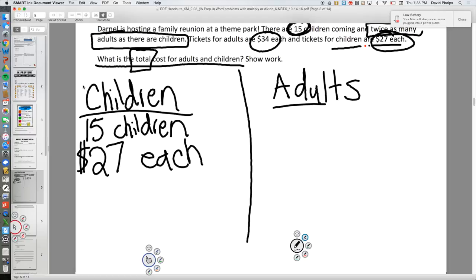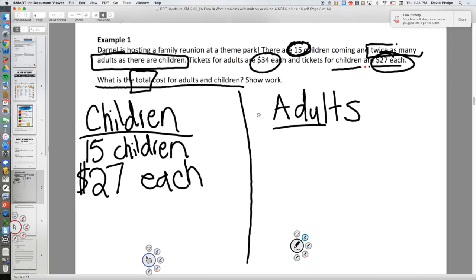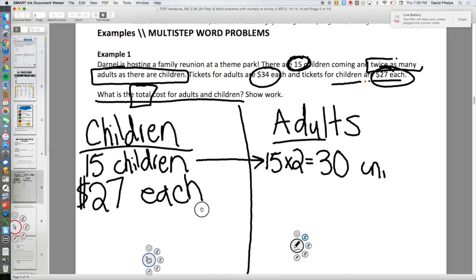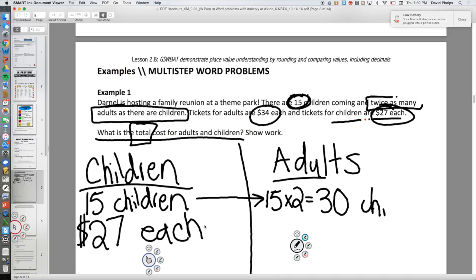What do we know about adults? Well, the adults, it says there's twice as many adults as there are children. Well, if there are 15 children, to find twice as many, we just need to double 15. Think about what that gives you. 30. You can work on the math on the side. That'll give us 30 children.